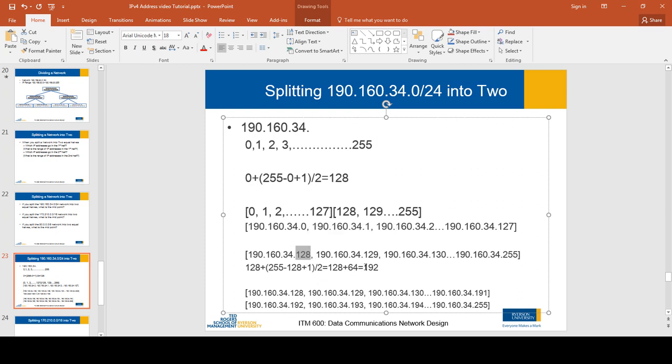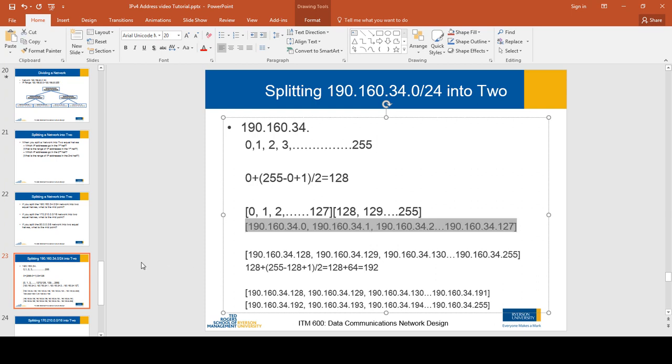That gives us 192, which is not exactly the midpoint but the start of the second half, because it's an even number of items, so there is no exact midpoint. So the first half starts from 128 and goes up to 191. The second half starts at 192 and goes up to 255. I'm not splitting this up again, you can find it out easily in the same process.